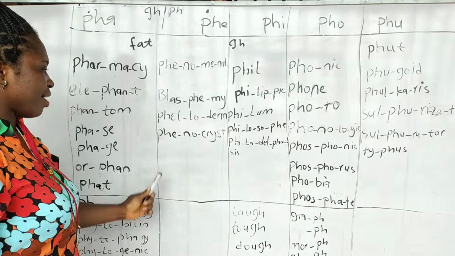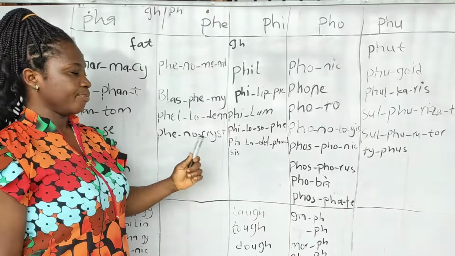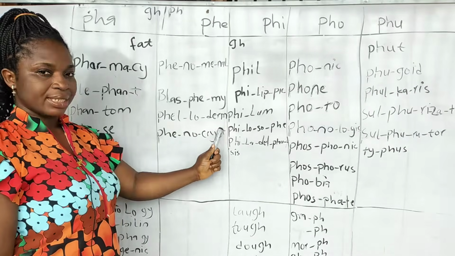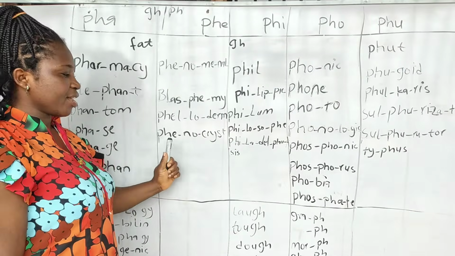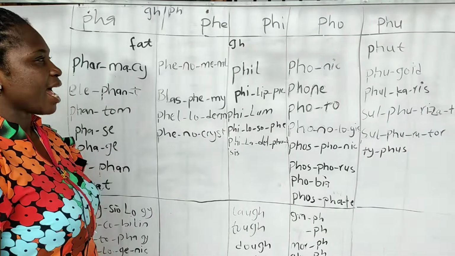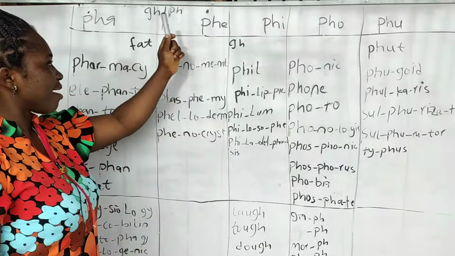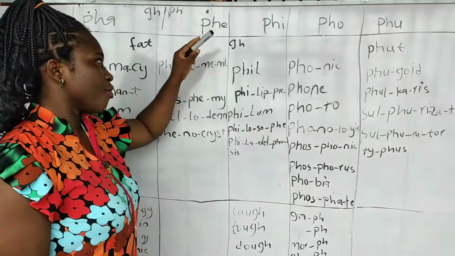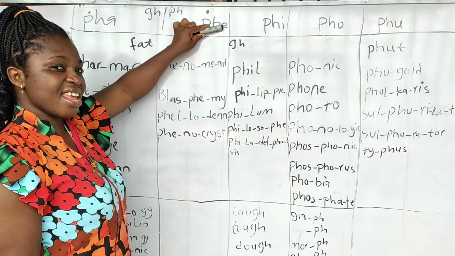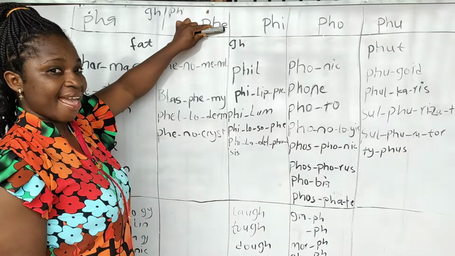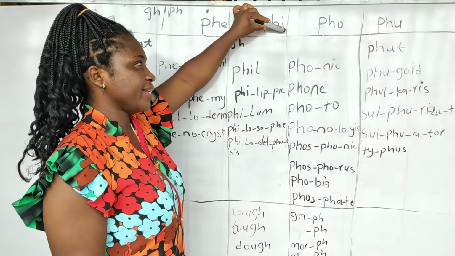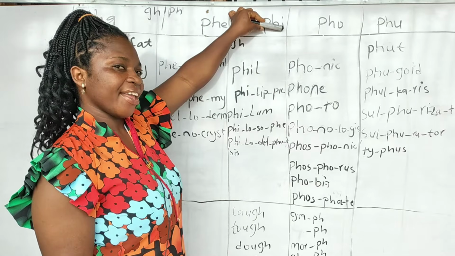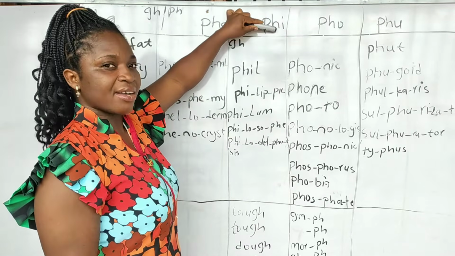We still have philodem, philocast. And to this we have fa, fe, fi. Remember, this can sound E. Now to this side we have the Fi. Remember, this can be E or I, that is why it is pronounced as Fi.